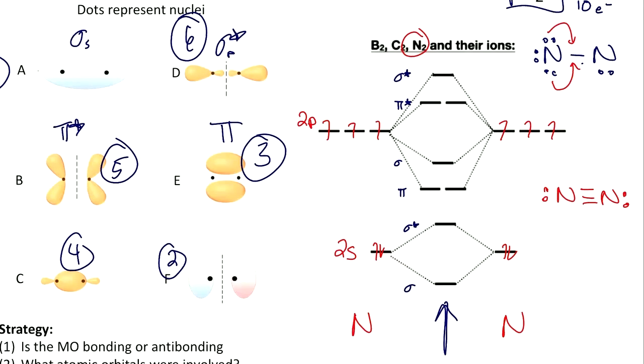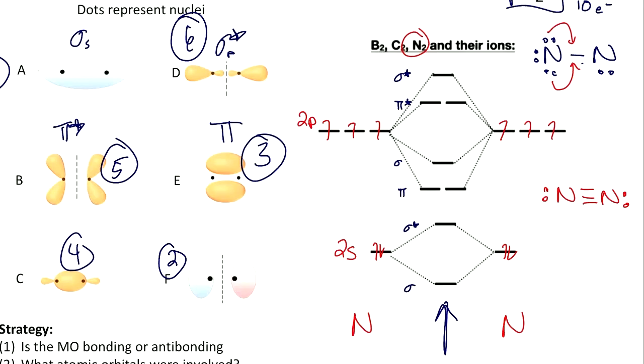The job of the MOs, the molecular orbitals in the center, is that I want to rearrange these 10 electrons coming from the atoms and put them in the center within the molecular orbital picture, following all of our typical rules. All I'm doing is taking the same 10 electrons I used for Lewis structures, and putting them in the molecular orbitals instead. The reason I'm doing 10 electrons is because each nitrogen is giving up 5 of its valence electrons.